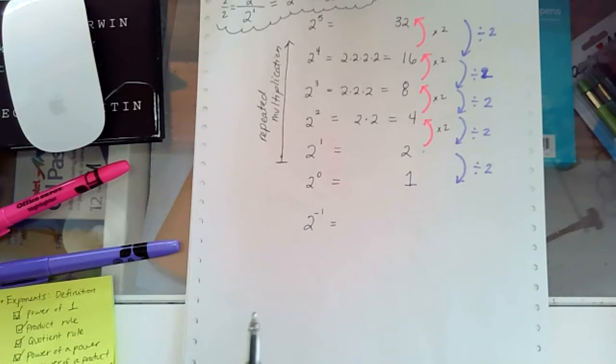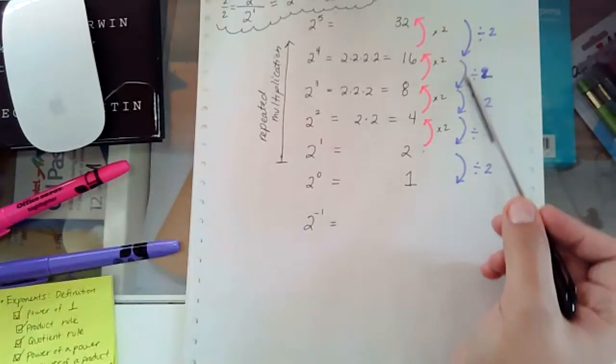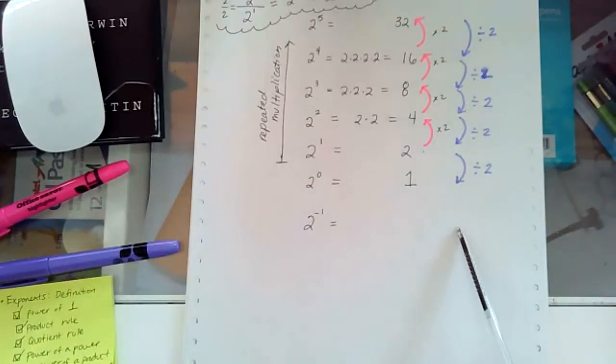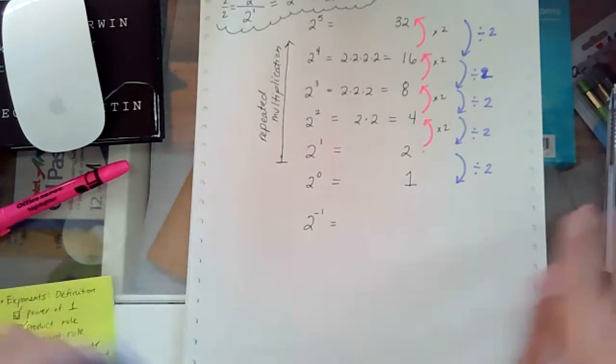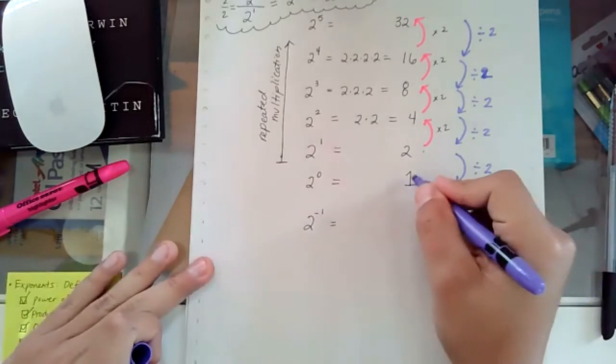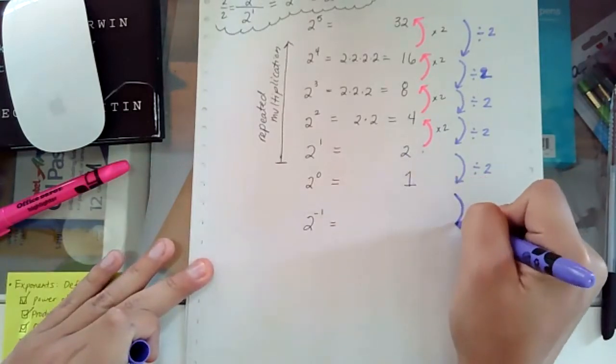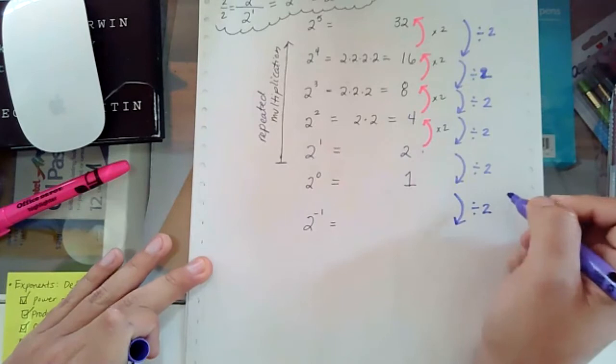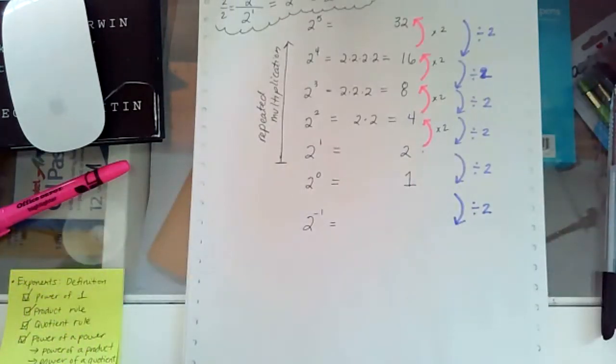It doesn't really make any sense. But what if I just continued this pattern, going in the opposite direction, walking towards the negative exponents? I could just take this answer and divide it by 2. And what is 1 divided by 2?